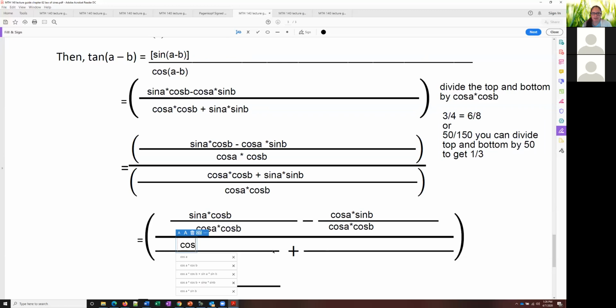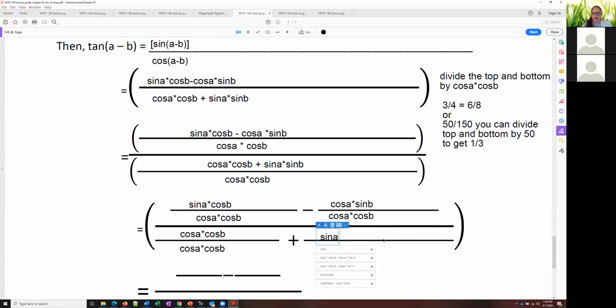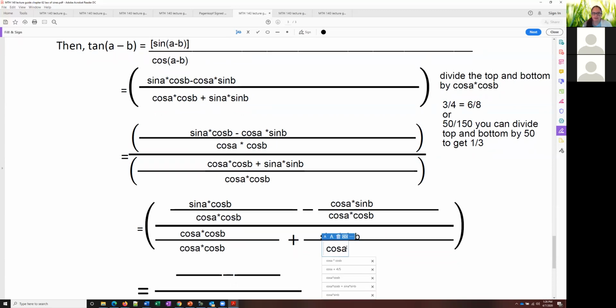So my first fraction will be cosine A times cosine B over cosine A times cosine B. And then my second fraction is the sine of A times the sine of B over the cosine of A times the cosine of B. All right, so I took the one fraction that was on the top and split it up into two fractions. And I took the one fraction that was on the bottom and split it up into two fractions.